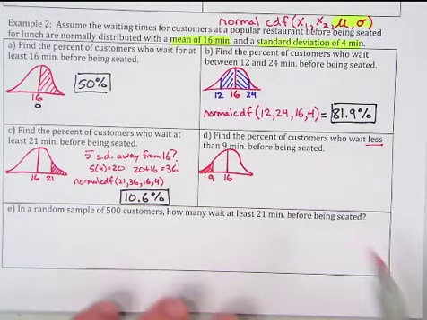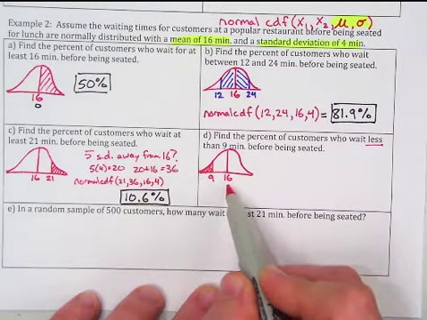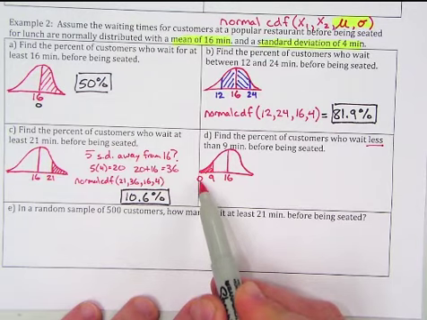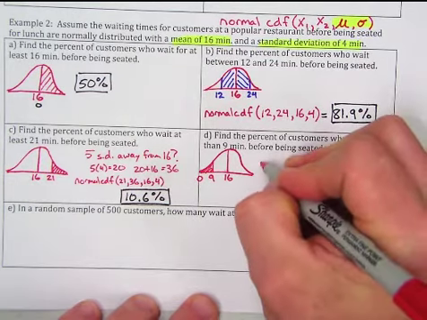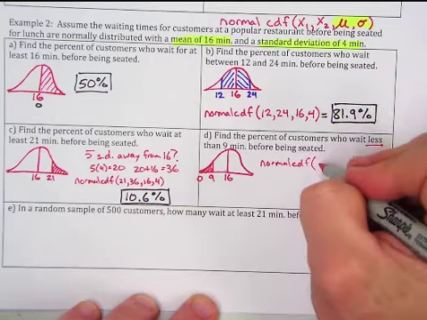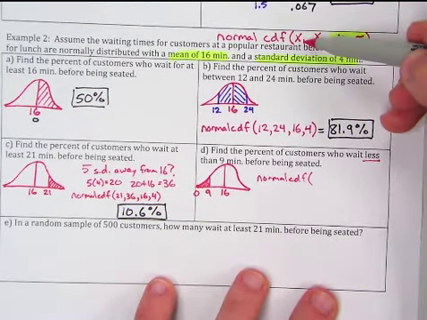So now we want to kind of go the other way. If we're thinking about 5 standard deviations below the mean, well, 20 below 16 would be a negative number. You can't really wait negative minutes. So why don't we just pick something that we know will include all the data, and we can pick 0. All right, so that should work here. So we're going to do normal CDF. Now, when we see this, we have x sub 1, and this is the number on the left.